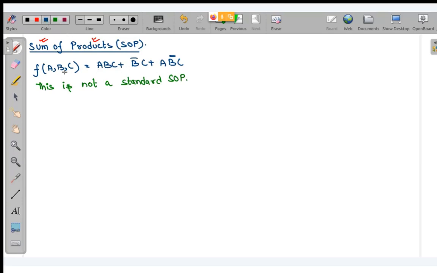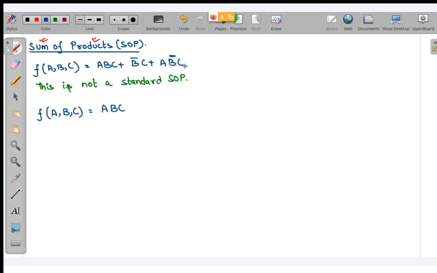Suppose I want to convert this SOP to a standard SOP. Look very carefully. I want all the product terms to have A, B, C. This product term has all three A, B, C. Even this one has all three, with a complemented form, but we have all three variables.